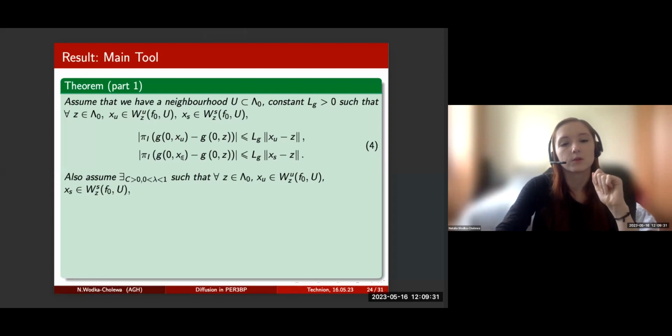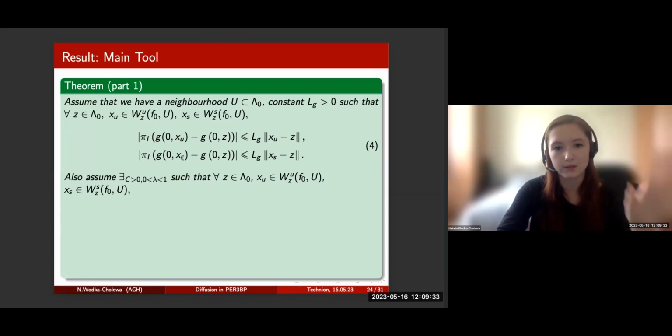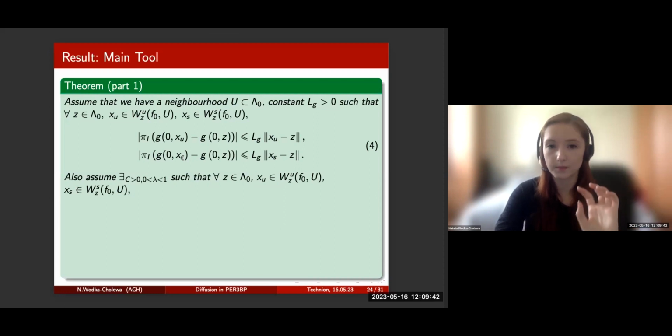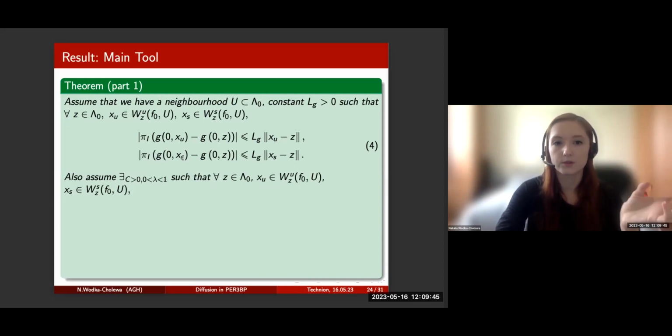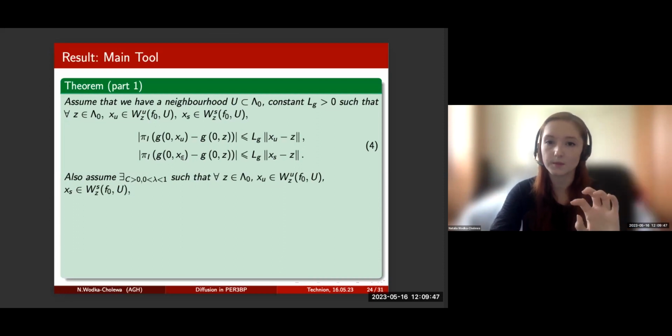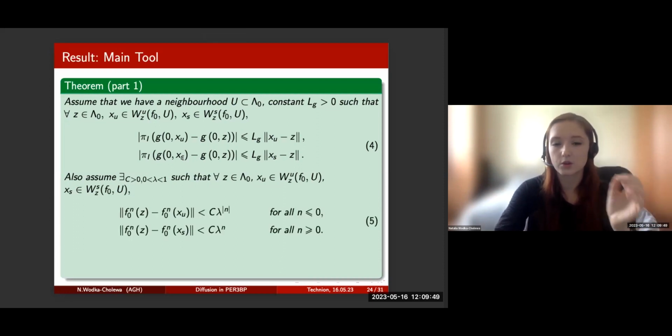Okay, so you also assume that for some constant c and some small constant lambda from 0, 1, such that you have also the point from the manifold and 2 points as previous from the stable part and unstable part, this holds. So you see that you take the images of z and x_u, and it's bounded forward in time and backward in time.